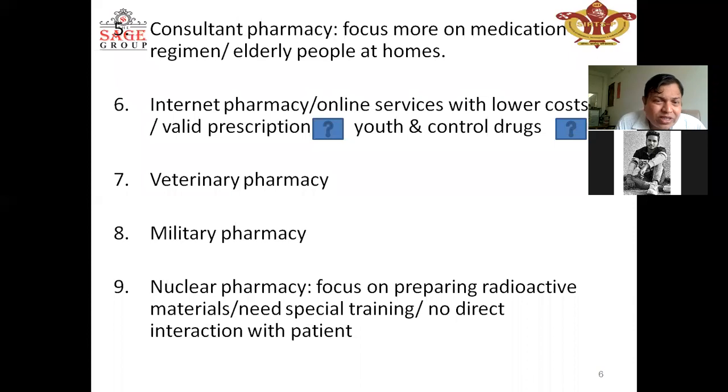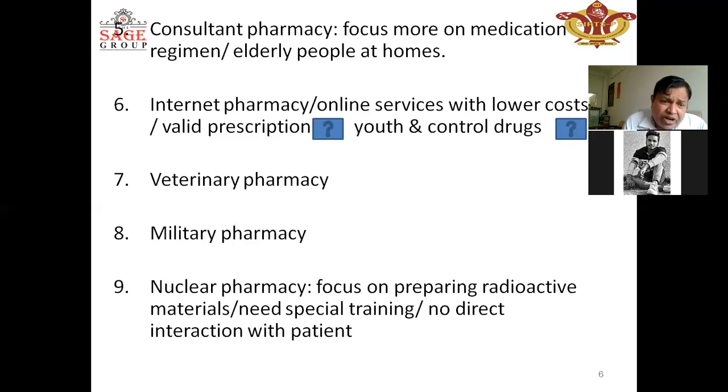That is also important, because some prohibited drugs and some steroidal drugs are available in a pharmacy, and we can't give that medication as OTC to the public. So a valid prescription is required, and online services also need a valid prescription.